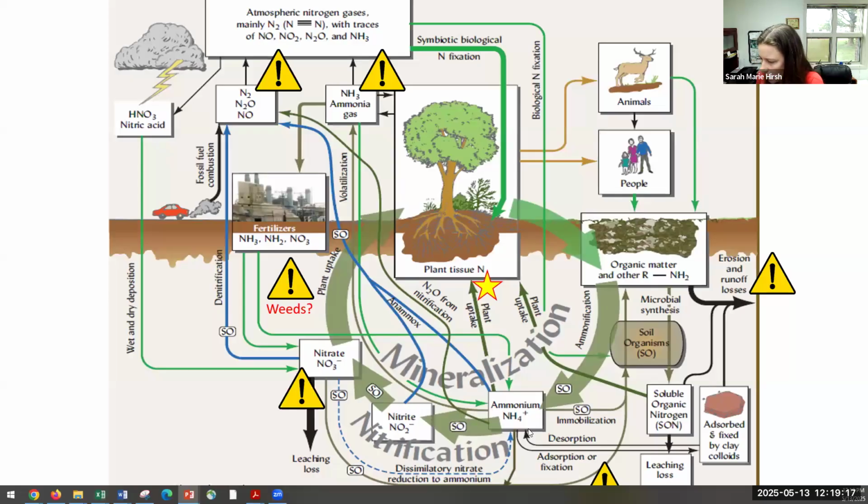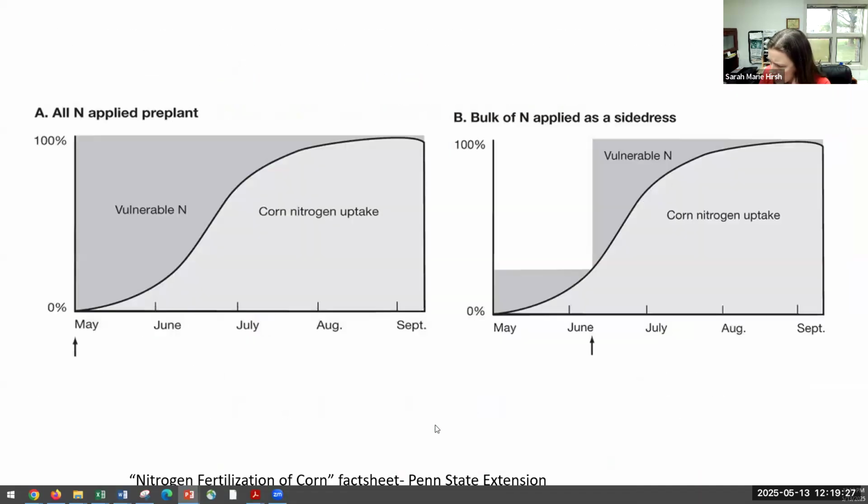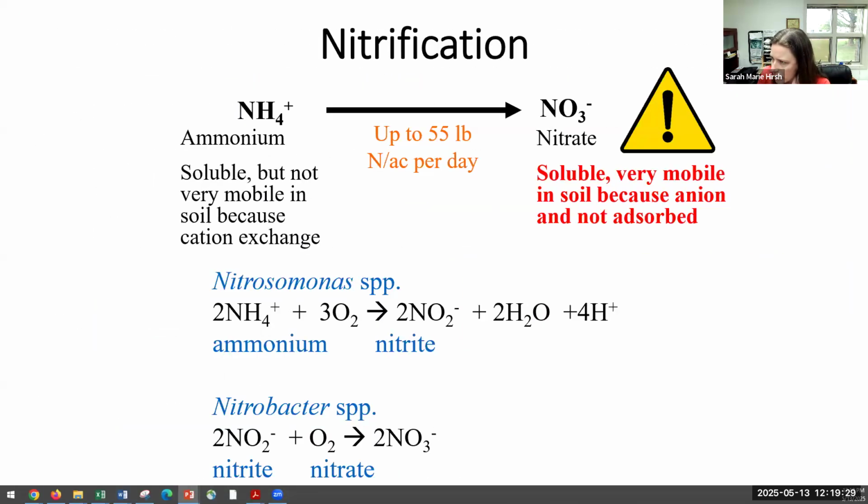So you could see here how there's a bacterial reaction that converts the ammonium to nitrate called nitrification. And if we go here, we could see that the ammonium, up to 55 pounds of nitrogen per day, can be converted by the bacteria to that nitrate form.